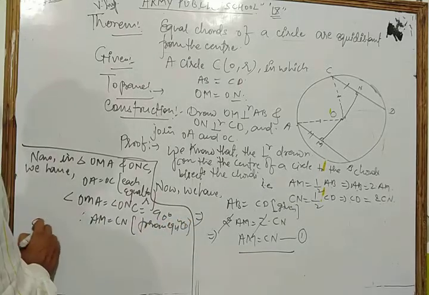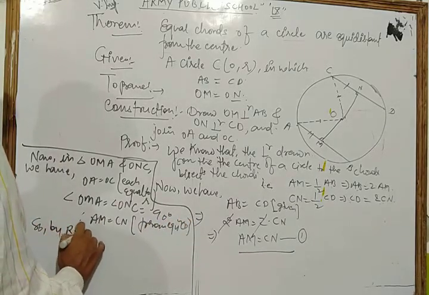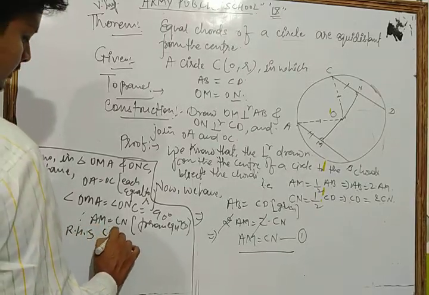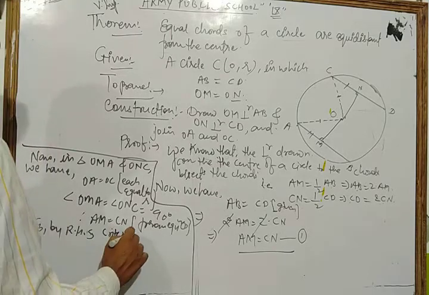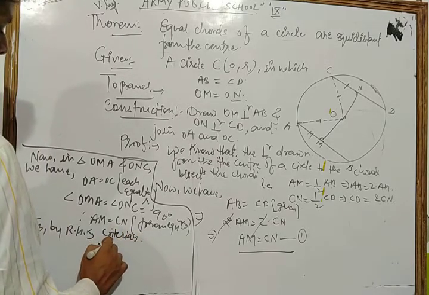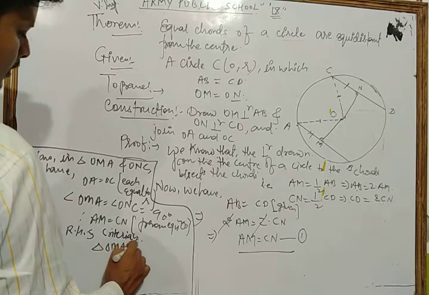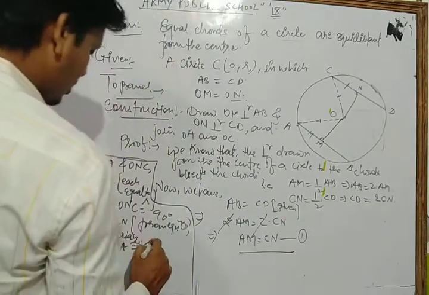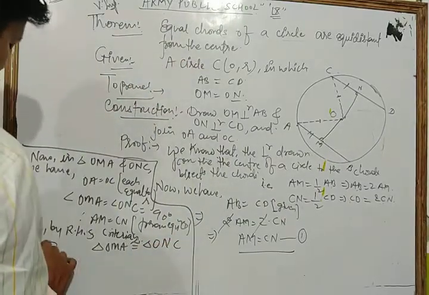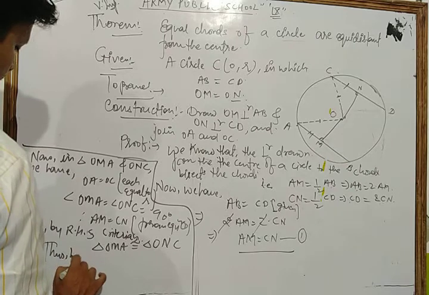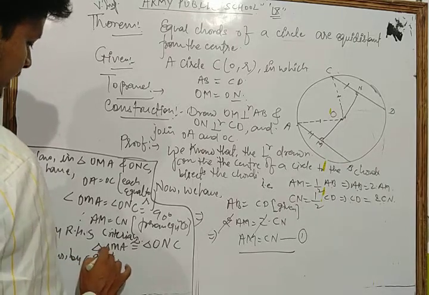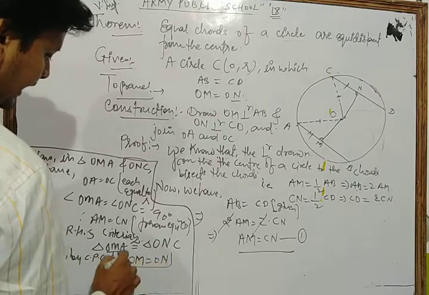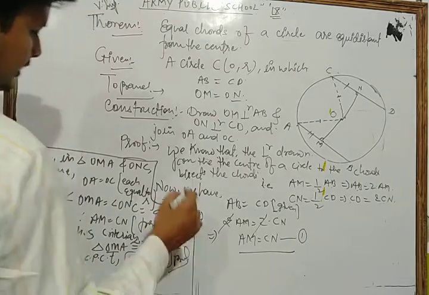So by RHS criterion, triangle OMA is congruent to triangle ONC. Thus by CPCT, OM is equal to ON. Hence proved our result.